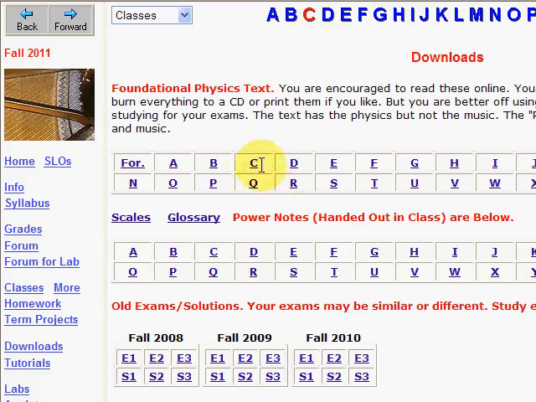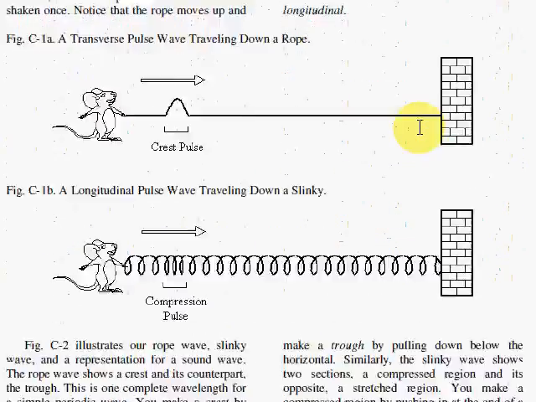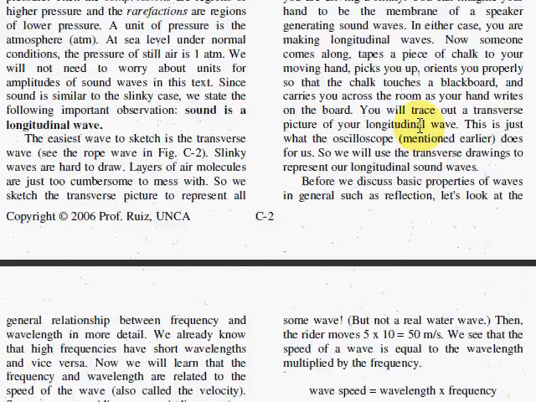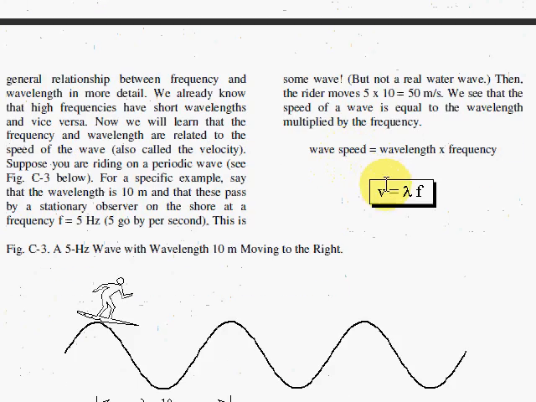Chapter B. Chapter C is next, and this would be waves. And big formula. Here we go. Here's one. We have letters, parameters, and an equal sign. The speed of a wave, or the velocity, we use velocity and speed interchangeably. The velocity is equal to the wavelength times the frequency.